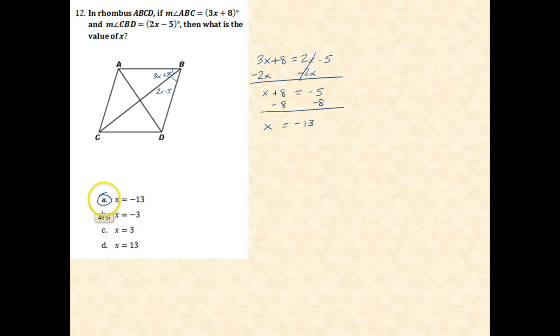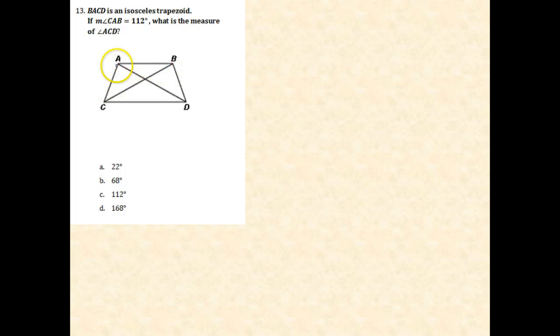ABCD is an isosceles trapezoid. That means that these two legs are congruent. Means these two bases are parallel. If the measure of CAB is 112 degrees, what is the measure of ACD?